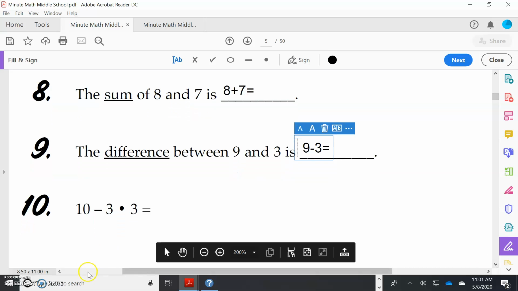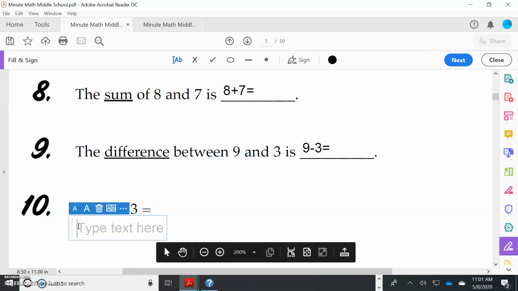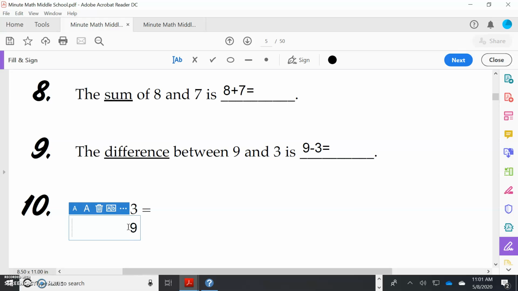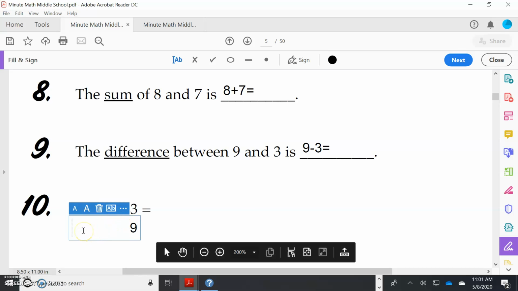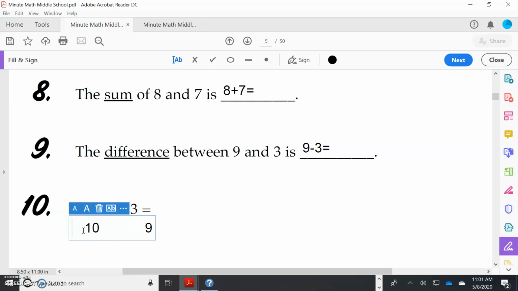Now here's a PEMDAS, and you have to do the first part of the operation first, which is 3 times 3. So 3 times 3, we're going to come over here and we're going to say 3 times 3 is 9. And now we can come back here to the 10.